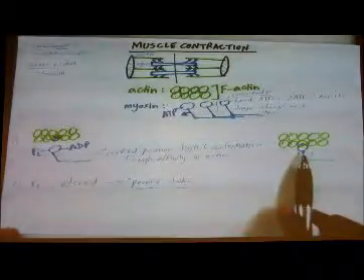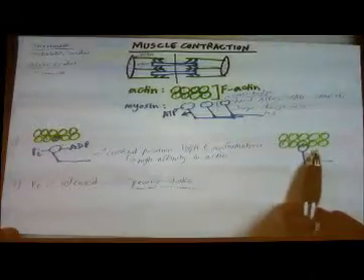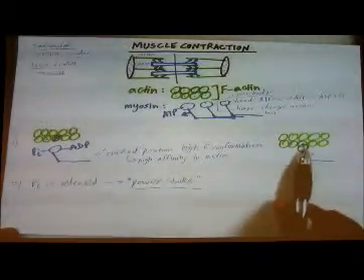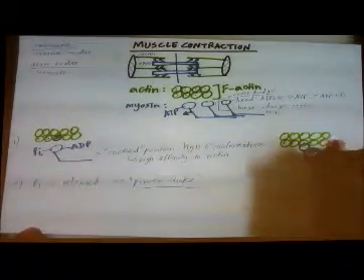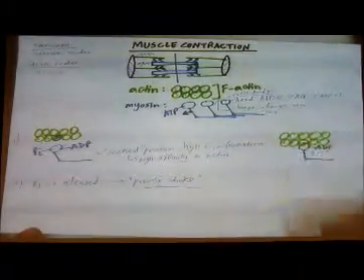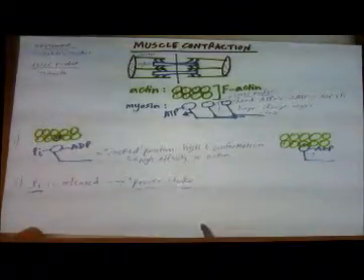So it would move, in this case, it would move the myosin head this way. And when it does that, it pulls this actin with it. So let's draw the fact that only ADP is bound when this power stroke occurs because the inorganic phosphate is released.